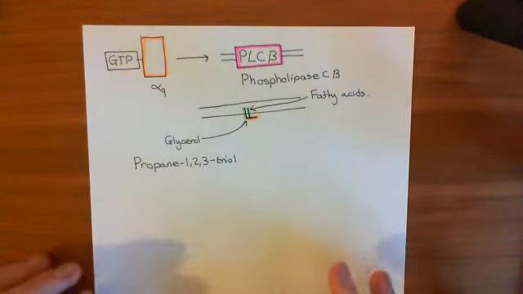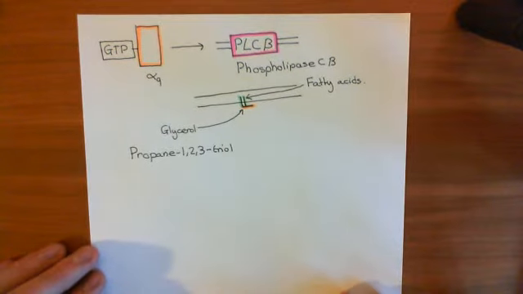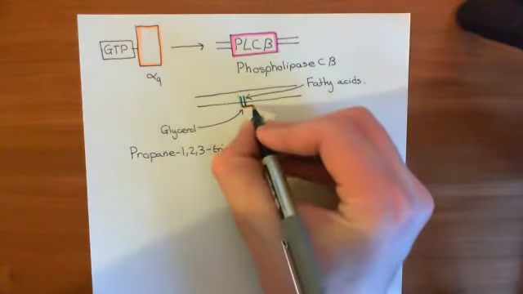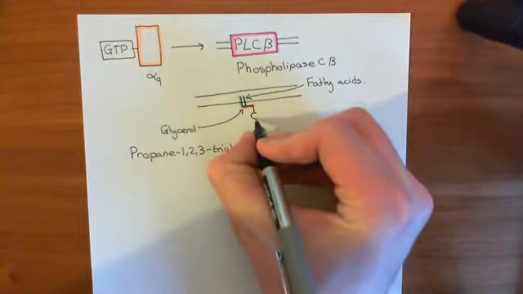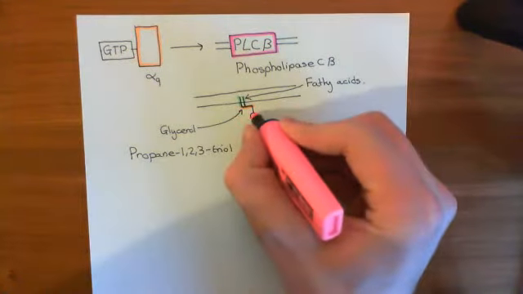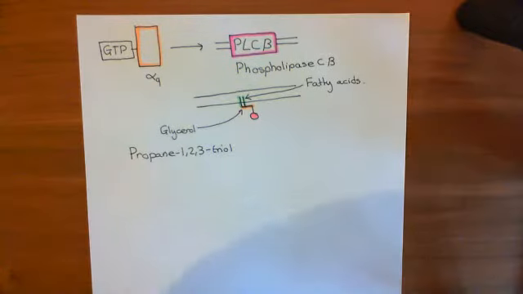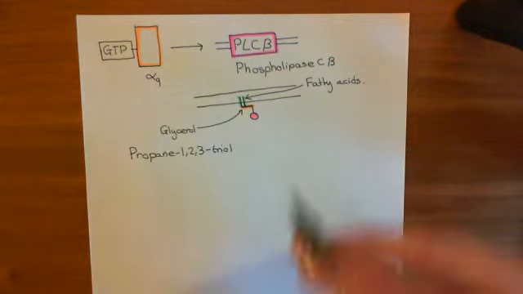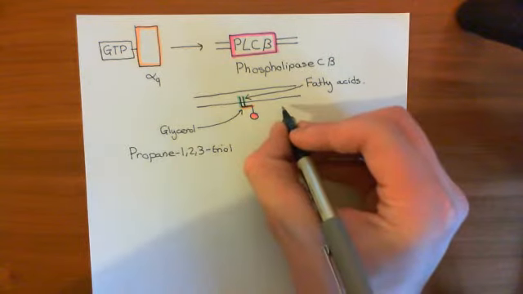Then off the third hydroxyl group of the glycerol molecule, you have a phosphate group bound. Right, so that's the structure of a normal phospholipid.